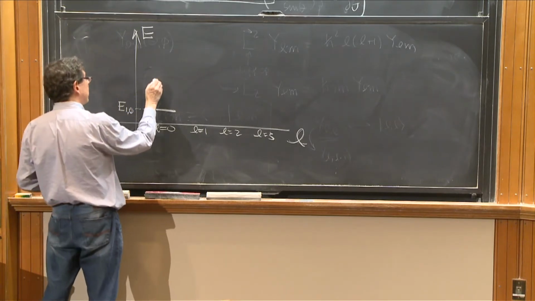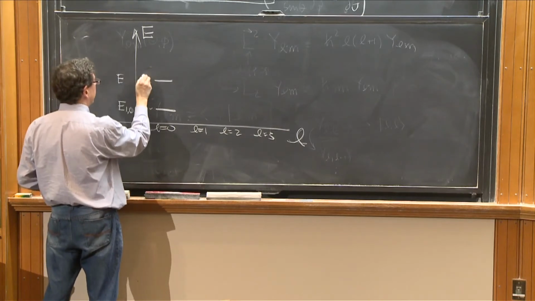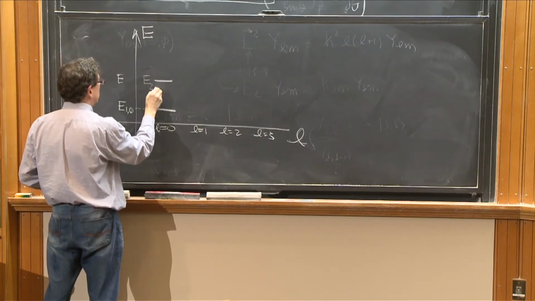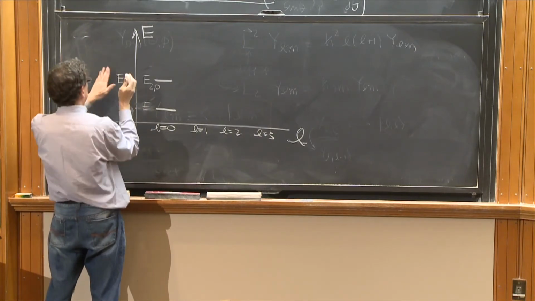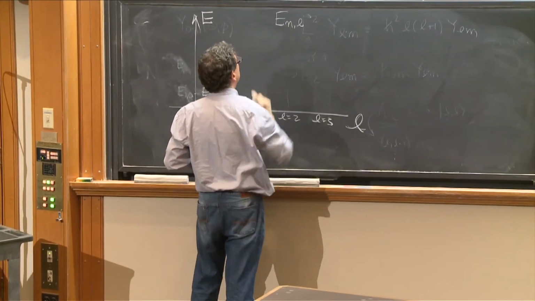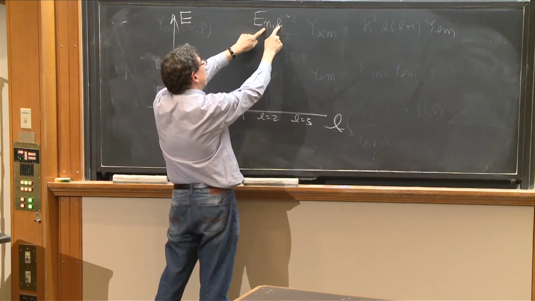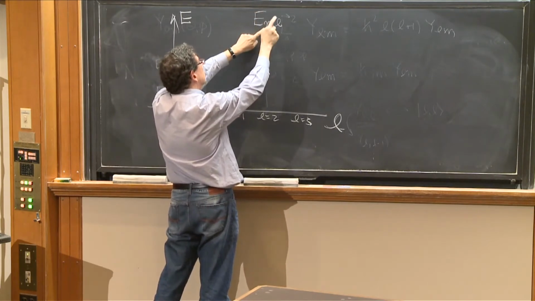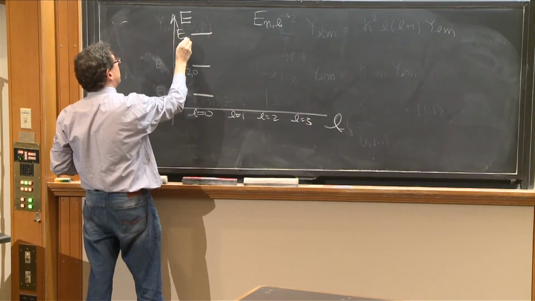Then there will be another one here, maybe E_2,0. So basically, I'm labeling the energies with E_n,l, which means the first solution with L equals 0, the second solution with L equals 0, the third solution, E_3,0.